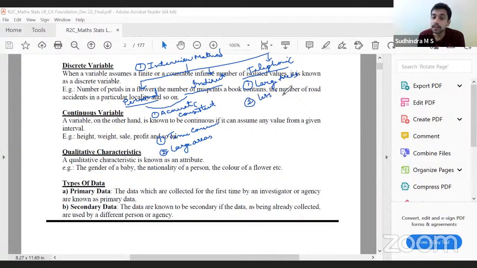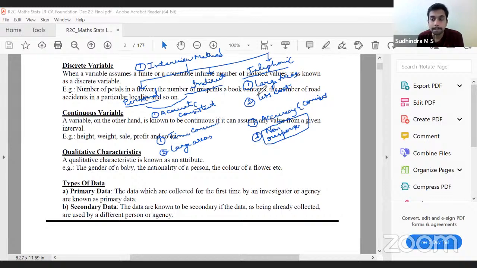We can reach more people, and less cost and less time are involved. However, accuracy is an issue. Since it's less consistent, it's not reliable. But the most important disadvantage is that non-responses are maximum in case of telephonic interview.